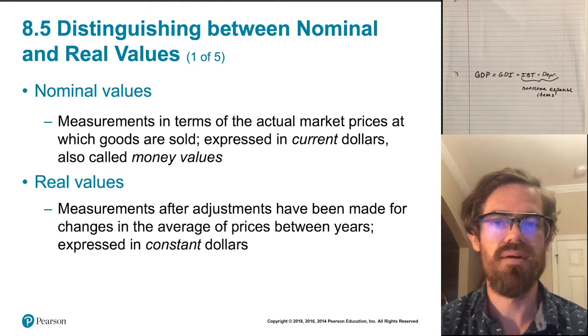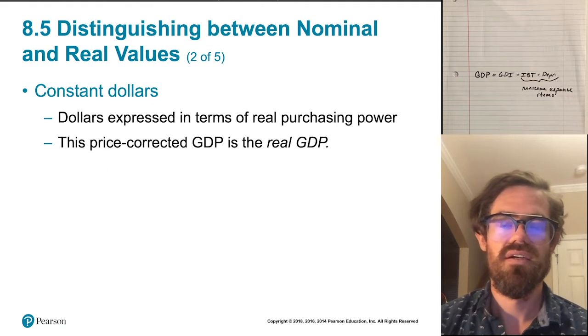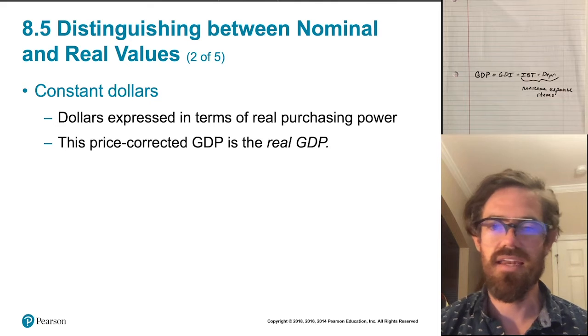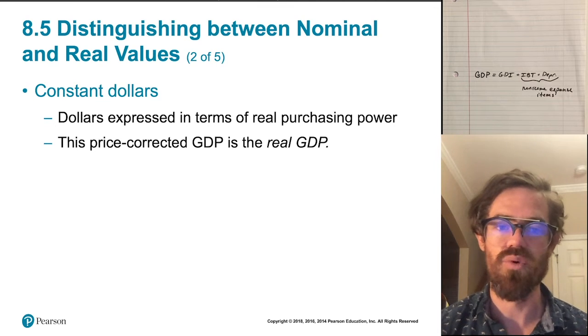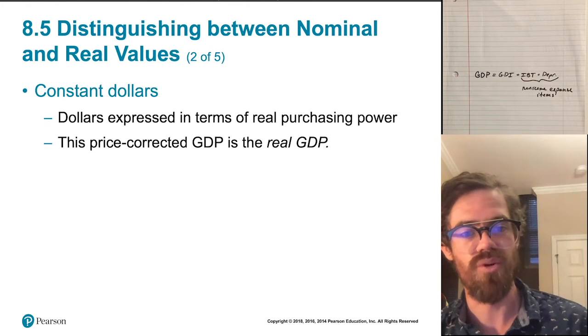So most of the time, what we're really interested in is real values. And in order to talk about things in real values, we need to measure anything that we're looking at in terms of constant dollars, right? So using the value of the dollar, say in 2010, to look at the price of a can of Coke in 1960 versus 2020.